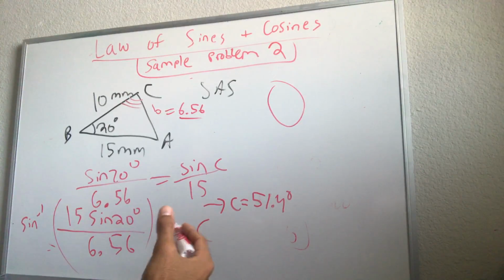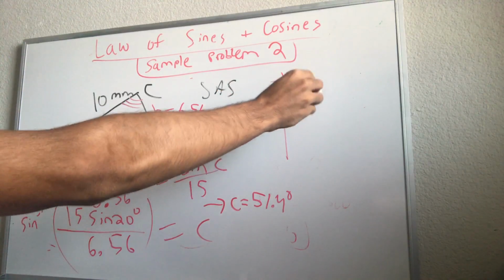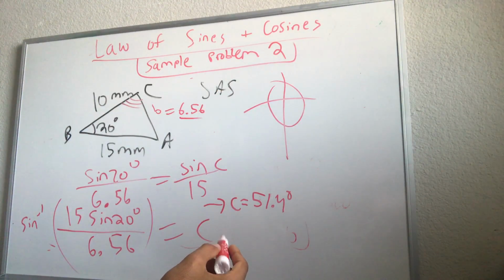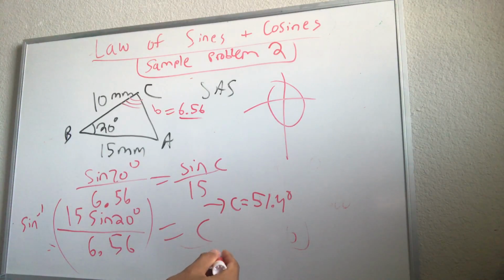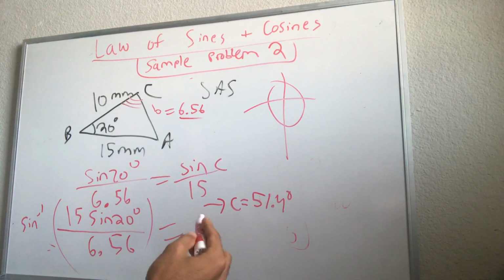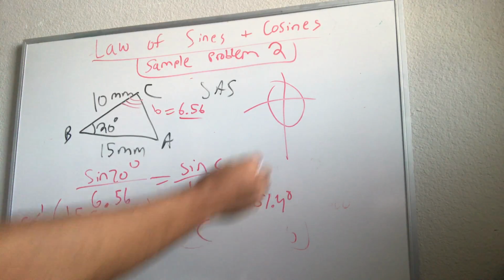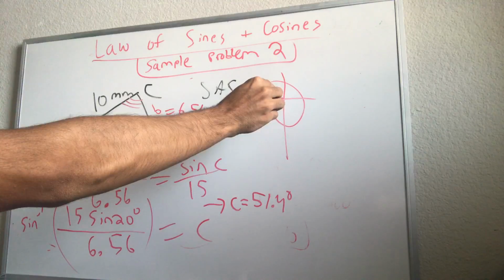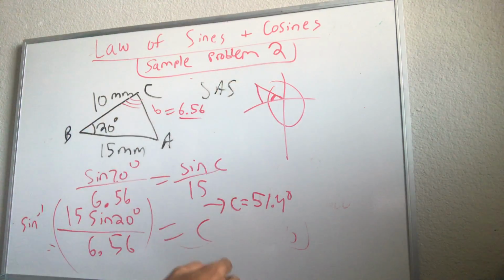However, we know that this must be an obtuse angle. Therefore, we're really looking at the second quadrant. And if you recall, we are trying to get a reference angle that is 51.4 degrees in the second quadrant. Now, that angle must be 180 minus 51.4 degrees. Because if you recall, in the second quadrant, you have something like that. This angle here is the reference angle, right?